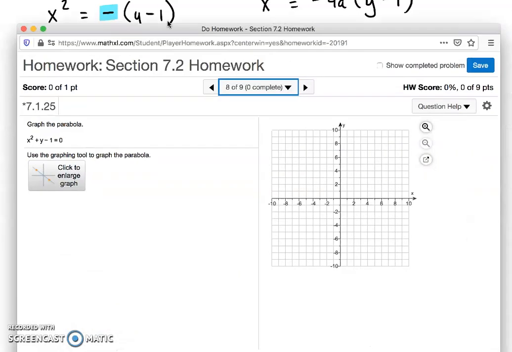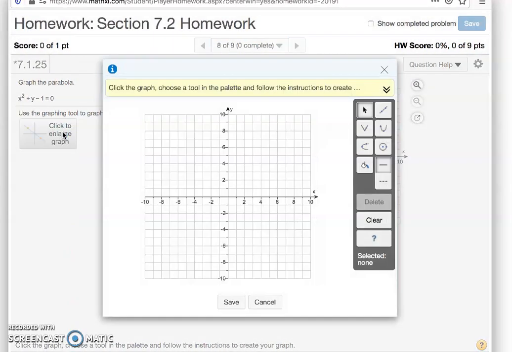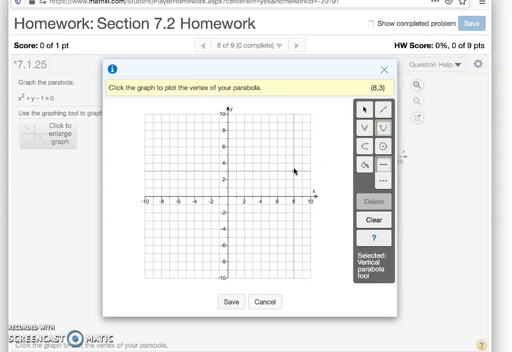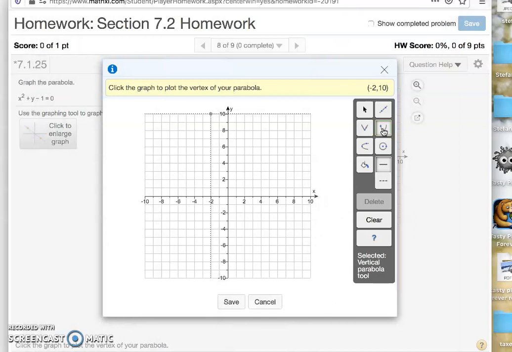So if we go to the homework problem where it wants us to graph this, we'll click to enlarge the graph. Since we know the parabola opens down, we need to pick the vertical parabola tool. If it opened left or right, we would pick the horizontal parabola tool, but we know it goes down. We know the vertex was at 0, 1.